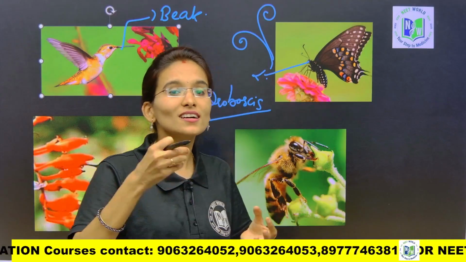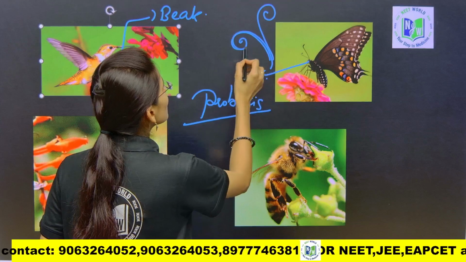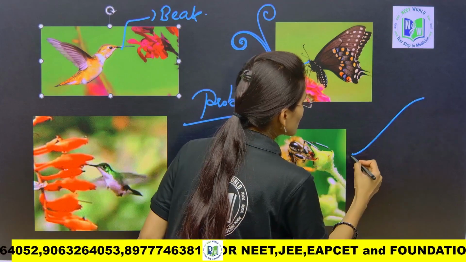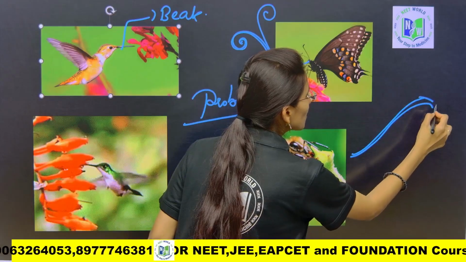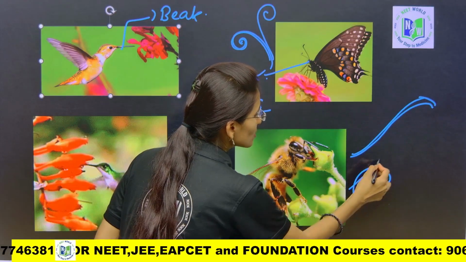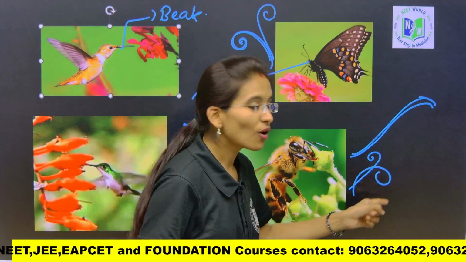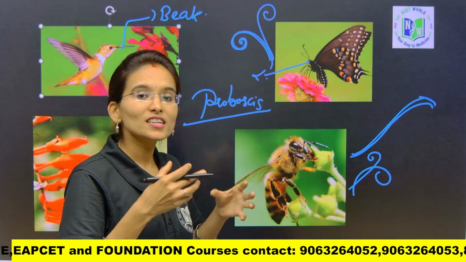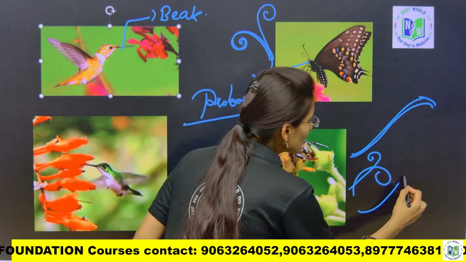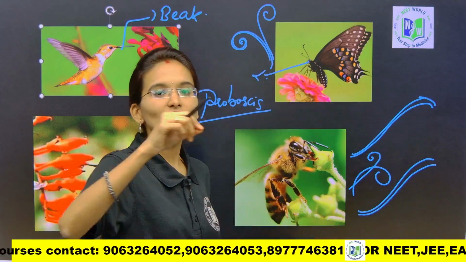When they are going to suck the nectar from the flowers, they are going to extend the circular proboscis into a straight tubular form. Usually in the starting stage the proboscis remains in a circular pattern, it is going to coil roundly, but when it is going to suck the nectar from the flowers, then it is going to extend its proboscis straight and it gives the appearance of a straight tube, my dear students.